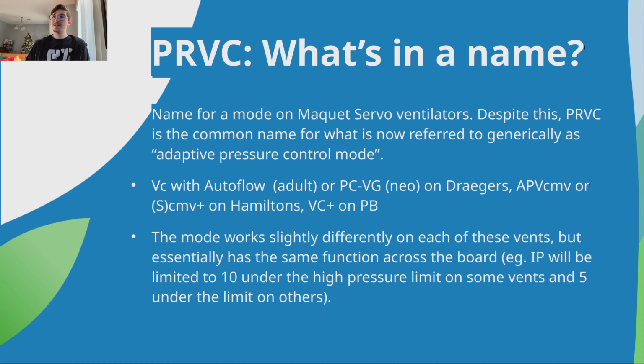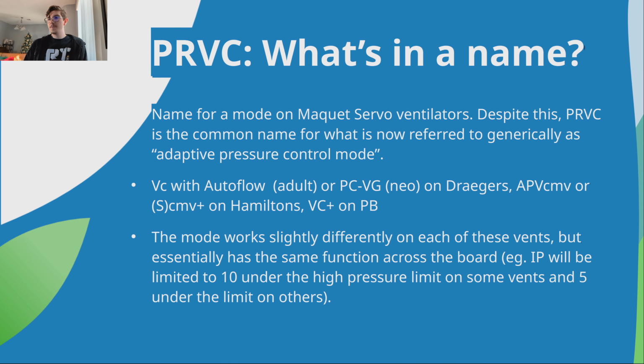But that is basically the most commonly used name for what is now referred to generically as adaptive pressure control mode. This is the new age name that researchers and other professionals have adopted for what we typically in the field call PRVC. What is it called on other ventilators?